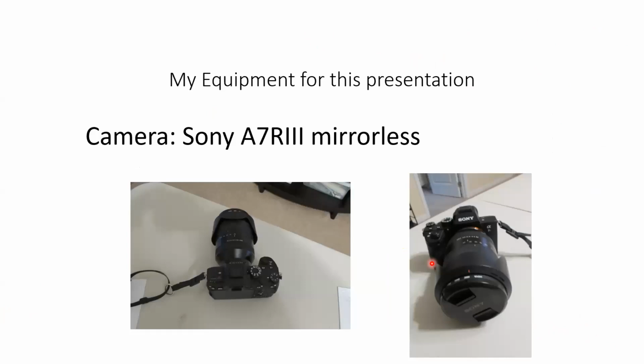Almost all the pictures I'm going to be showing tonight are taken with my camera, a Sony A7R III mirrorless camera. This picture was not taken with that camera because it's hard to take a picture of yourself that way.